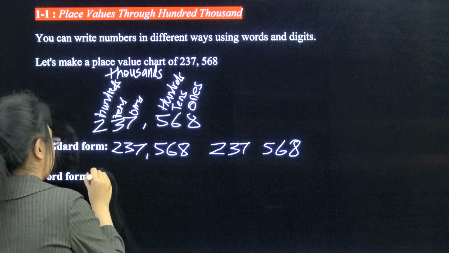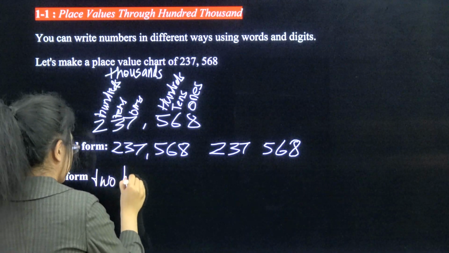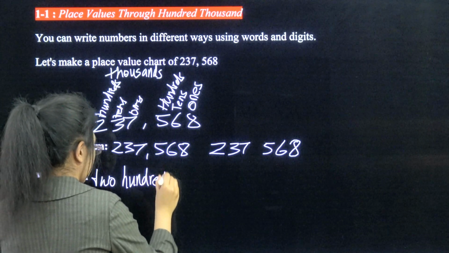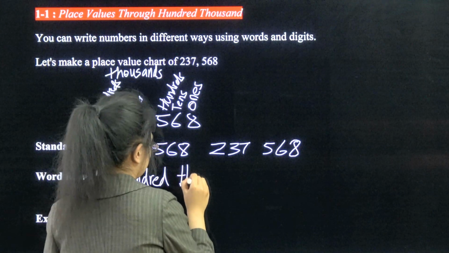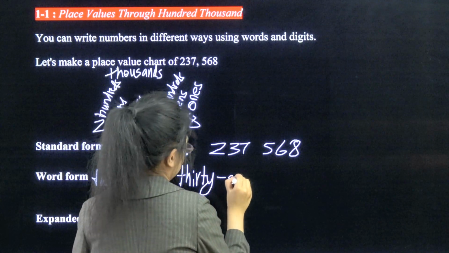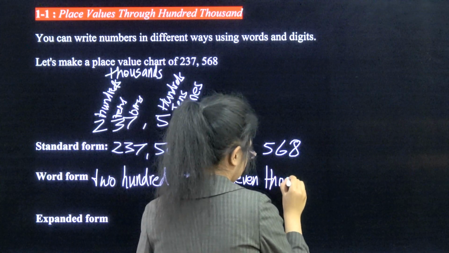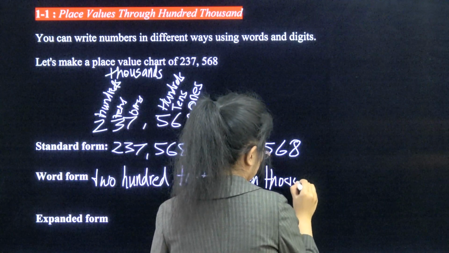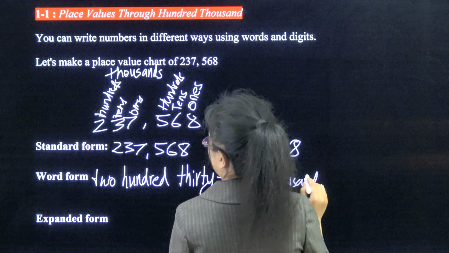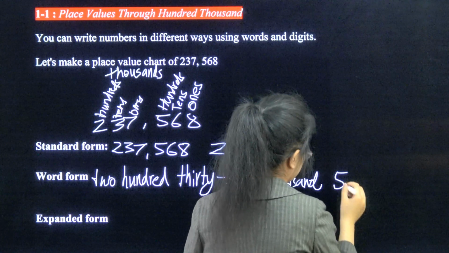So in English, it would be 200, 30, 7,000, and 237,000, 5.